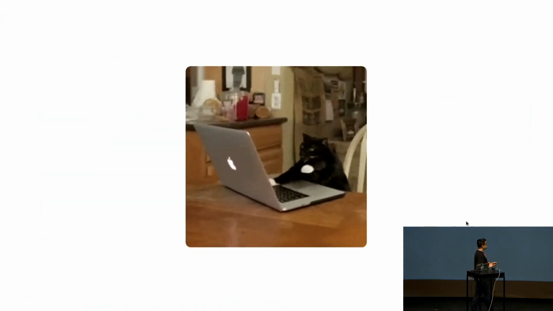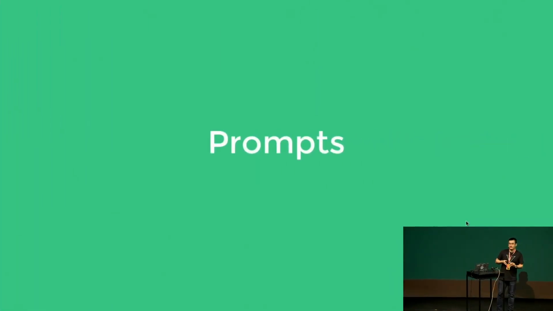Okay. So the second part of the plugin is prompts. It's a system that allows you to ask questions to the user, so you can tailor the experience to their needs.